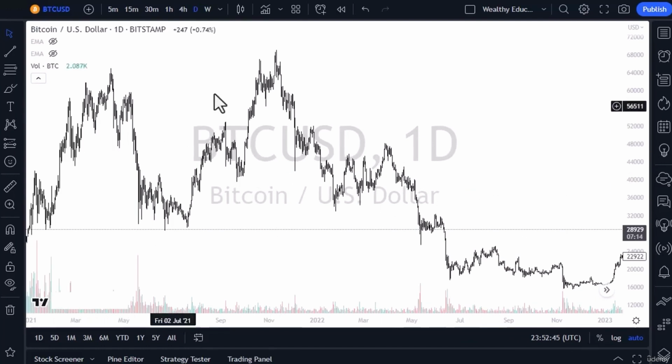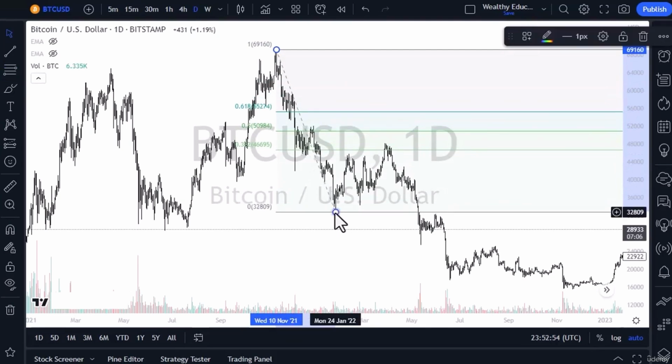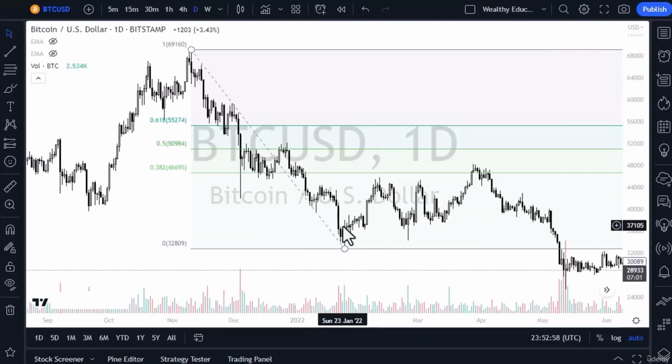So the first thing you do is you identify a swing high. Let's say the market had been falling for some time, and here in Bitcoin, you really wanted to see an opportunity to short because it obviously had gotten very bearish. Well, once it's made this move, Fibonacci can give you an idea of where sellers might jump in.